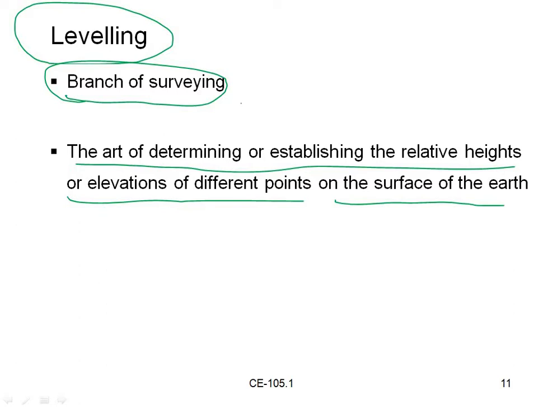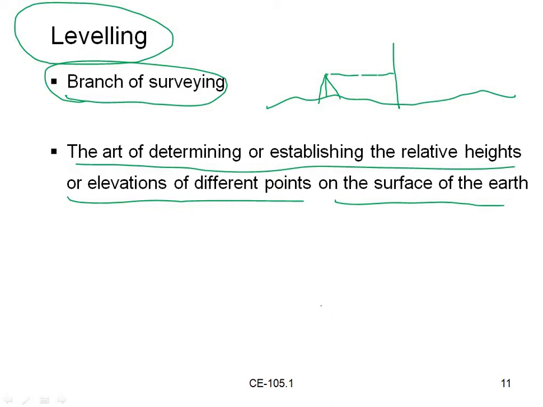In this leveling, you can see this is a ground surface, on which we keep the instrument and establish the relative heights, which are taken with the instrument. This is the leveling.